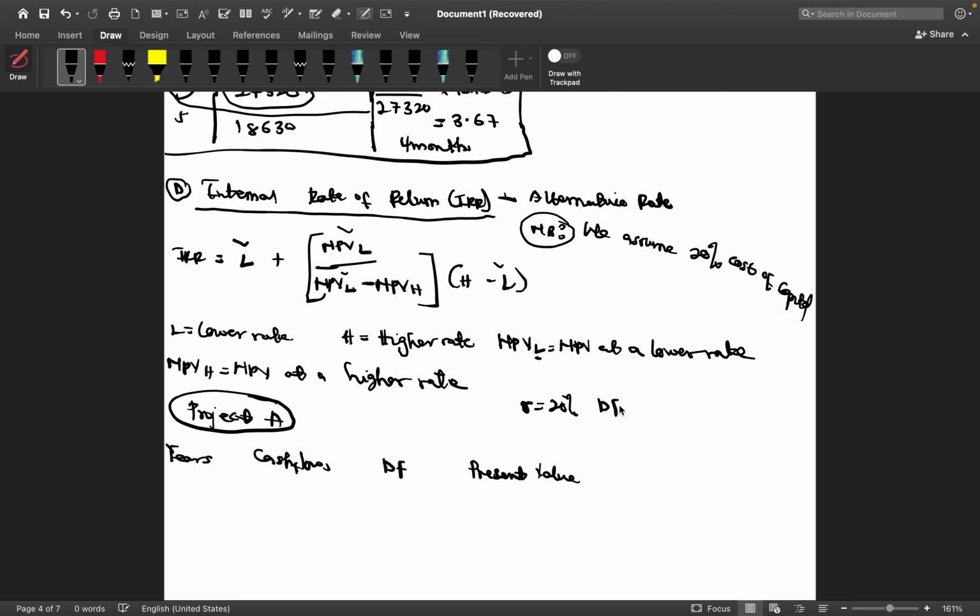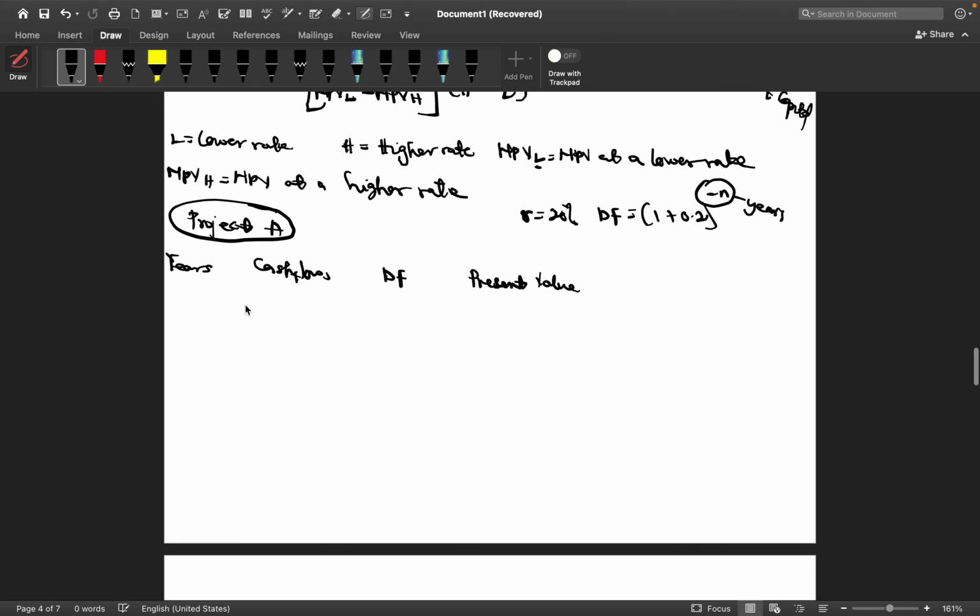So the discount factor is 1 plus 0.2 to the negative n. You keep changing this one based on the year you are finding. So if it's year 0, you put 0. If it's year 1, you put 1, like the way I did the previous one.